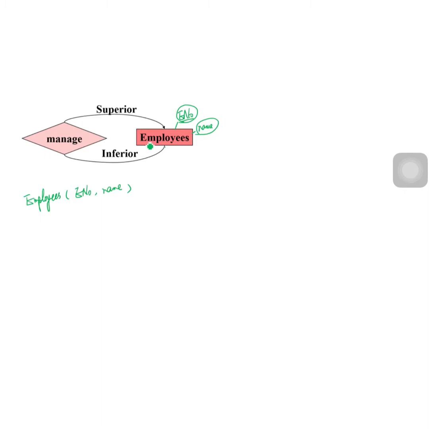If we want to convert a many-one relationship, there are two choices. The first one is we can convert this relationship to a relation with two sides.